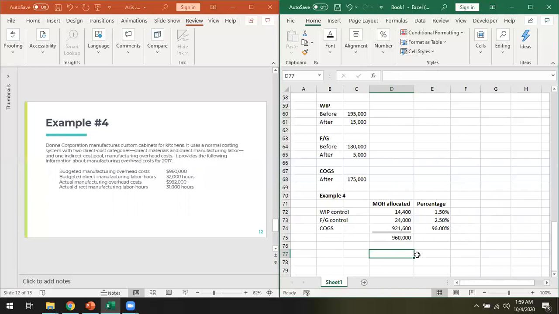Okay. We want to prorate the difference between the manufacturing overhead allocated and the manufacturing overhead control.